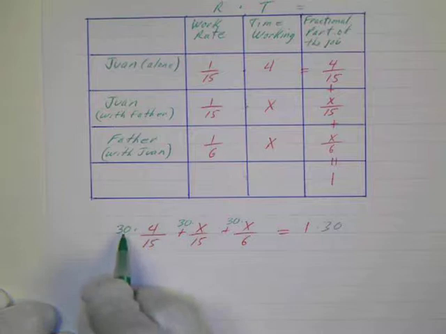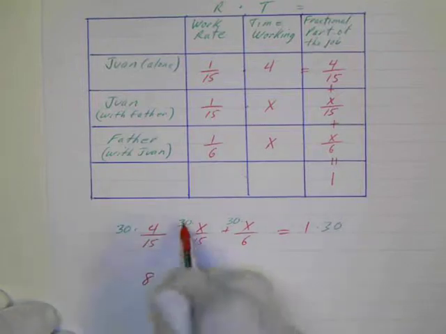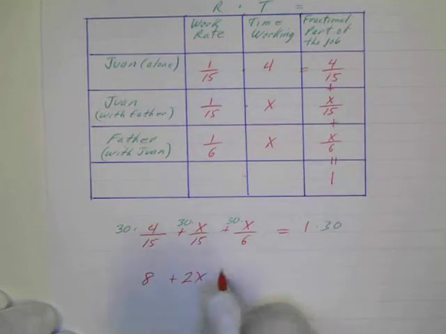Now 15 goes into 30 twice. 2 times 4 is 8. 15 goes into 30 twice, so 2 times X is 2X. And 6 goes into 30 5 times, so 5 times X is 5X.